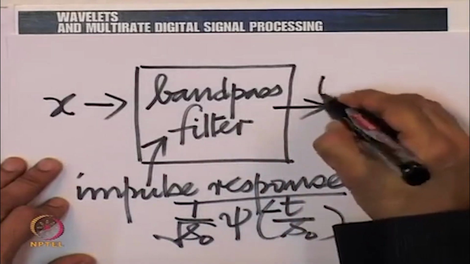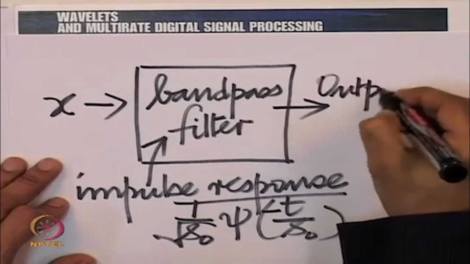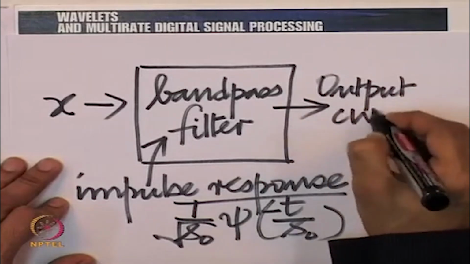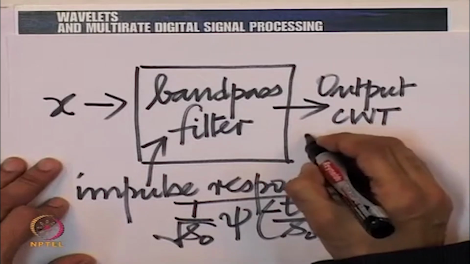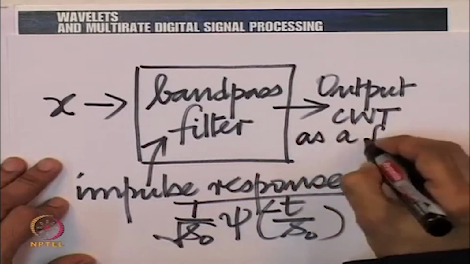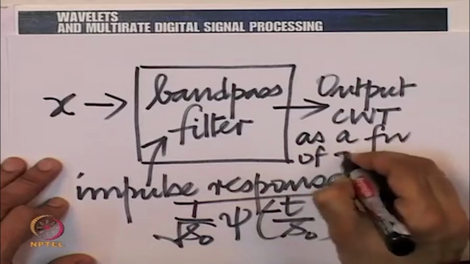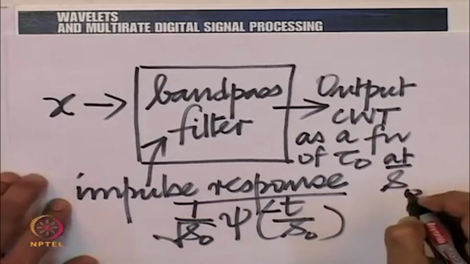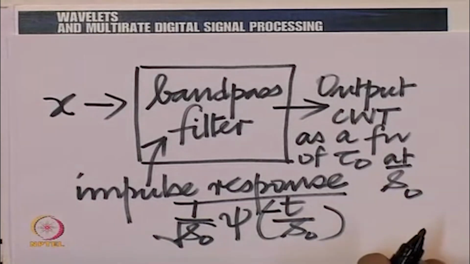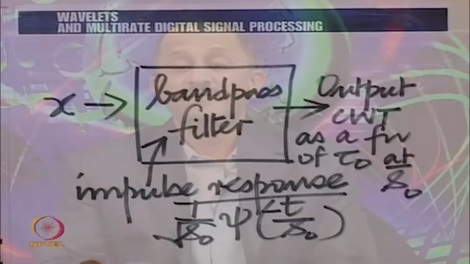The output is the CWT as a function of tau naught at the scale S naught. So, at every scale there is a different filter. You have a continuum of filters indexed by S0. For every scale S0 there is a different filter.